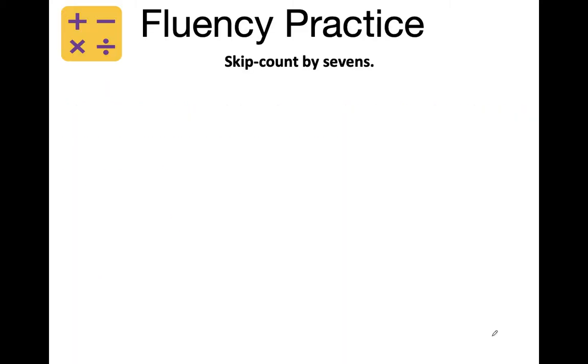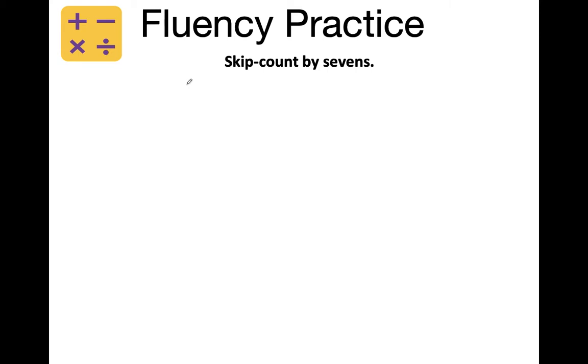So let's get started. Our fluency practice today is going to be skip counting by sevens. Now, if you had seen on Class Dojo, I had posted an activity for you guys to do where you could record a video to me. If you are connected to Class Dojo as a student, you can record videos or respond to my assignments.